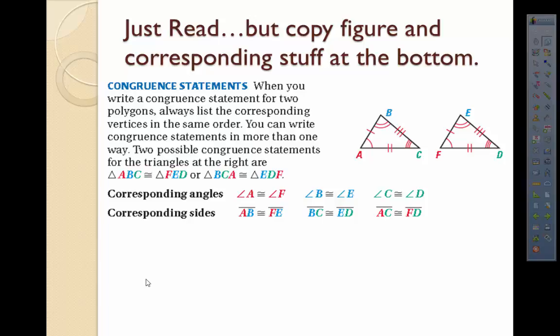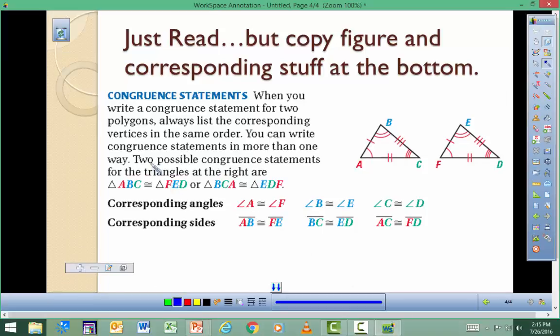Okay, so it says congruent statements. When you write a congruent statement for two polygons, always list the corresponding vertices in the same order. You can write the congruent statements in more than one way. Two possible congruent statements are as follows. So one of the things to realize is that when we write a congruent statement, you see that symbol right there?